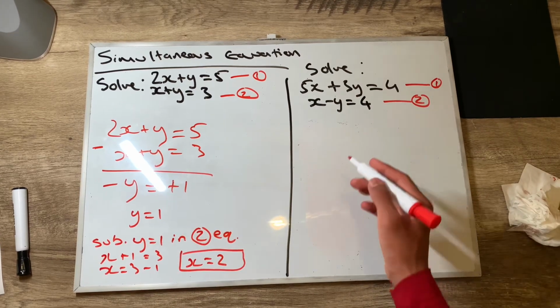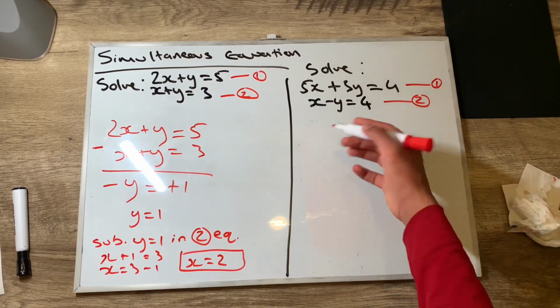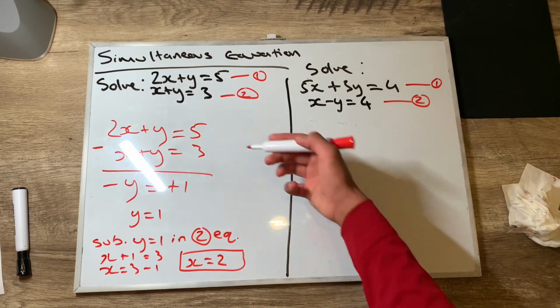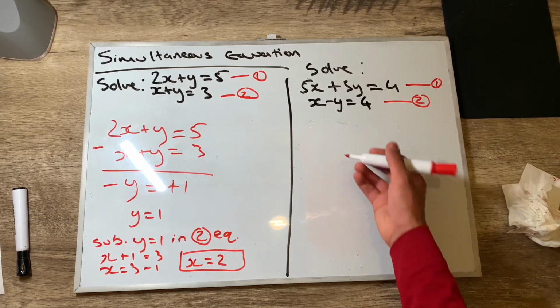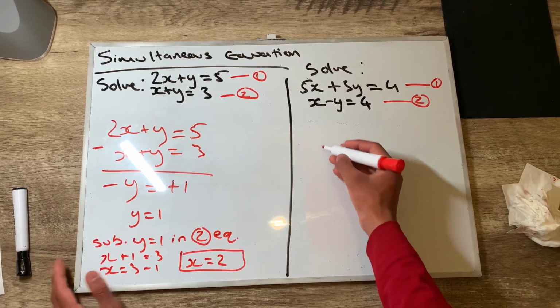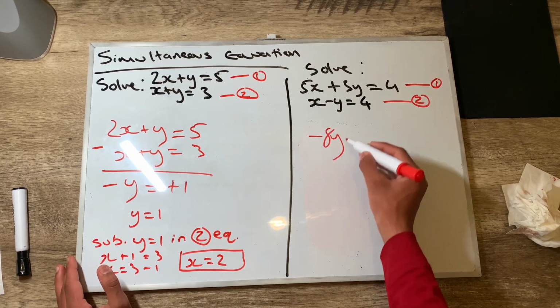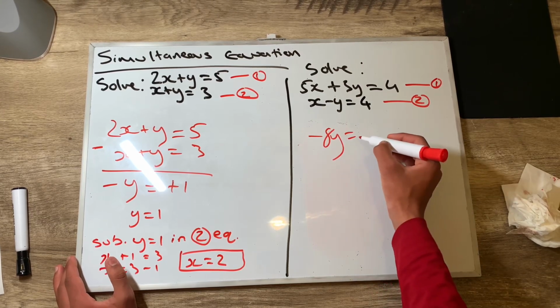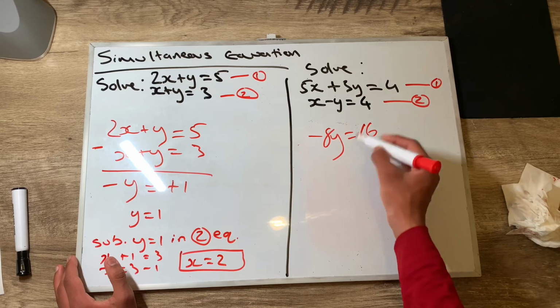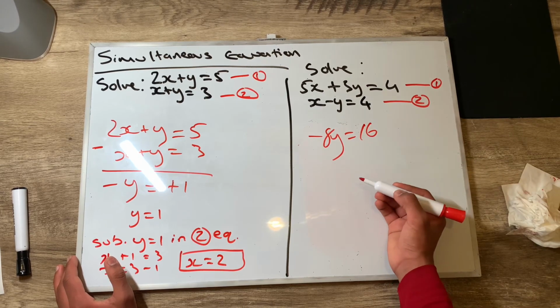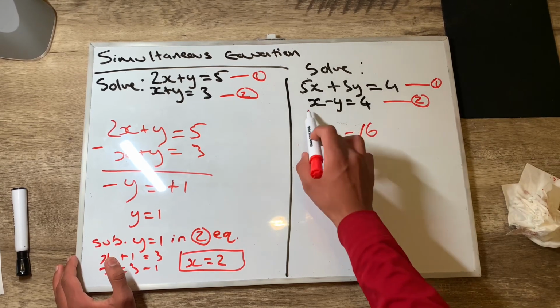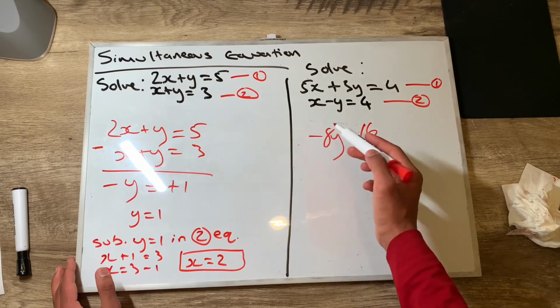Going over to the second equation, you again subtract them both. When you subtract like we did over here, I don't have enough space to rewrite that, it will give you minus 8y from the left side, equal to 16. When you're subtracting, make sure to keep your minus sign away from the x, so it's not minus x minus y.